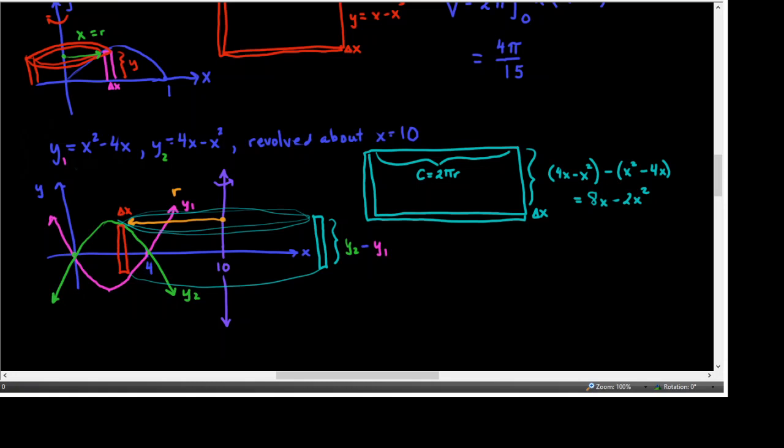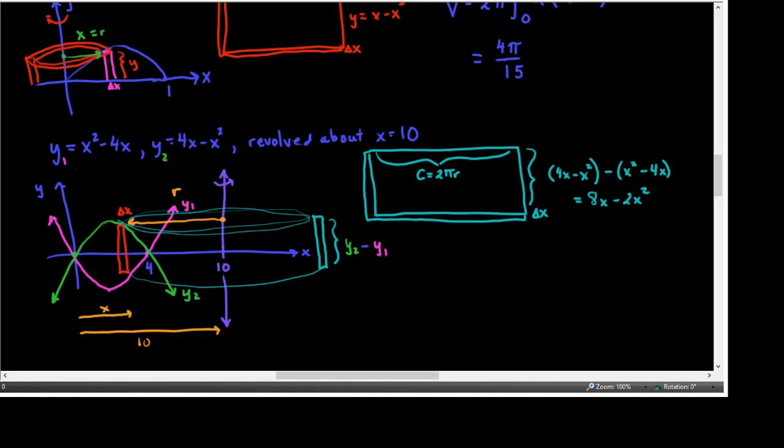Now, to figure this out, let me draw a couple of things to your attention. If I went from the y-axis to the axis of revolution, that's always 10. If I were to go from the y-axis to the curve, that's measured by x. So if you look at the things I've drawn, the length 10, the length x, and the length r, how are those three things related to each other?